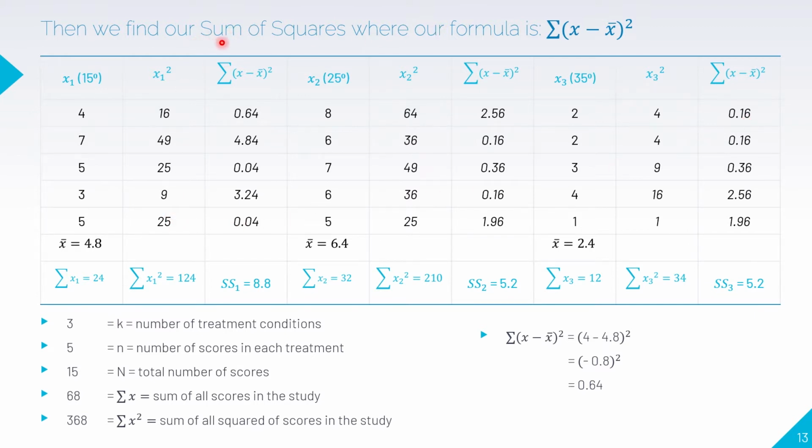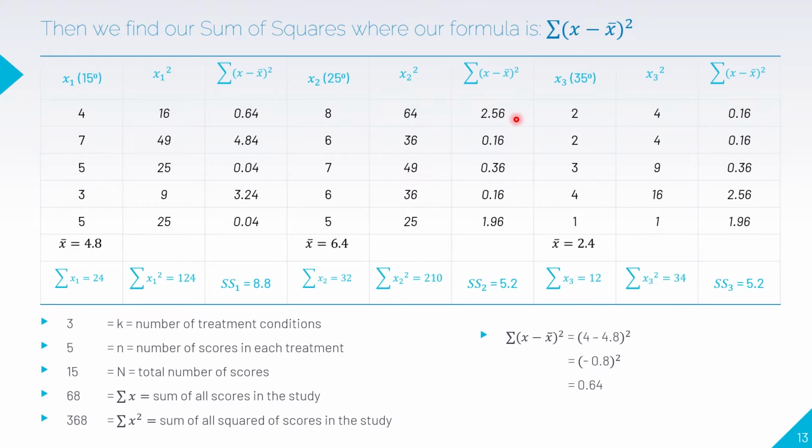Then, in order to find the sum of squares, we need to sum all the values that we calculated. So we have 0.64 plus 4.84 plus 0.04 plus 3.24 plus 0.04. Now we have our first sum of squares, that is equal to 8.8.